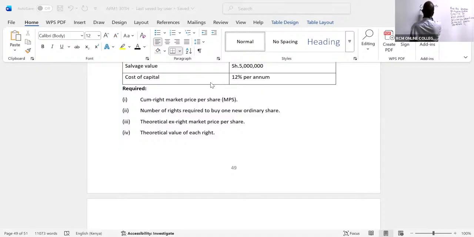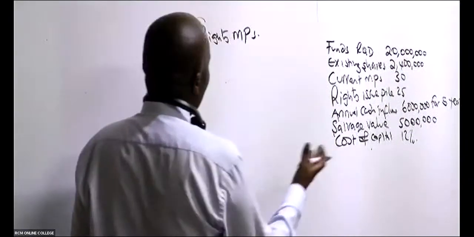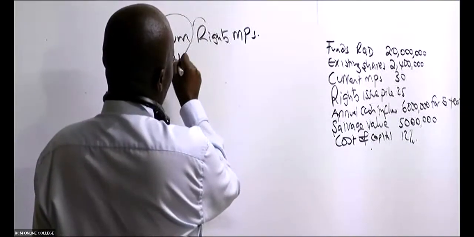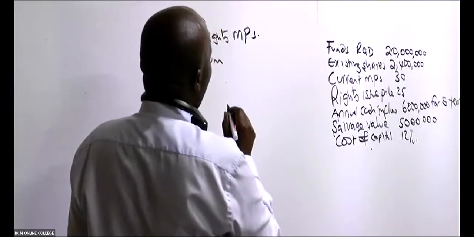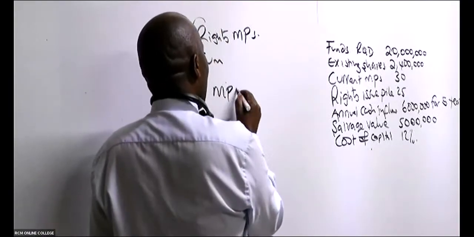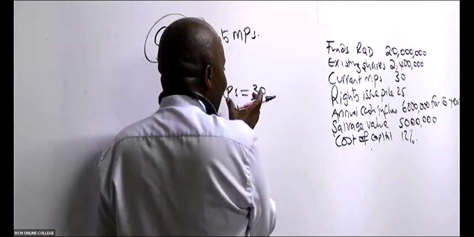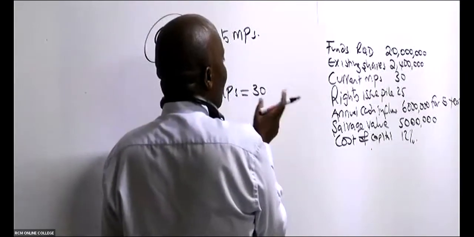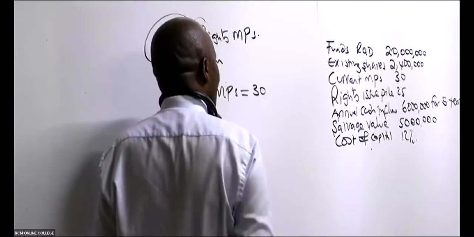So then this CAM means what? We have X means without, and the CAM means with. So if we are acquiring a share today and its market price per share, for example, is 30, but you're told that whatever amount will be raised out of these shares, we are going to invest in a project.